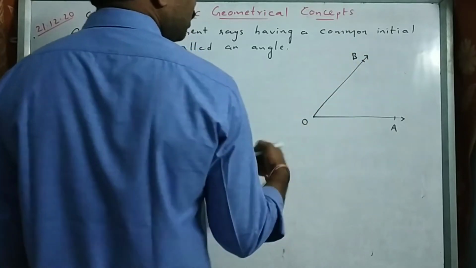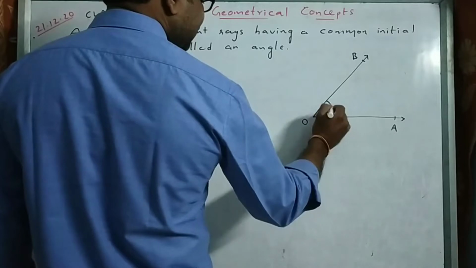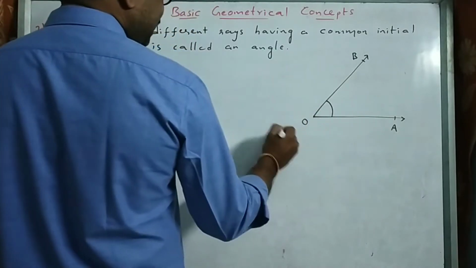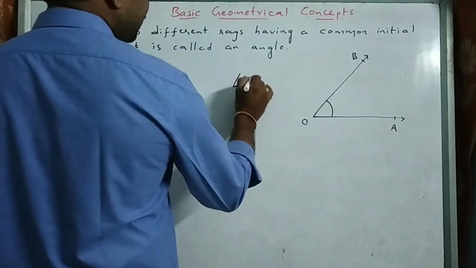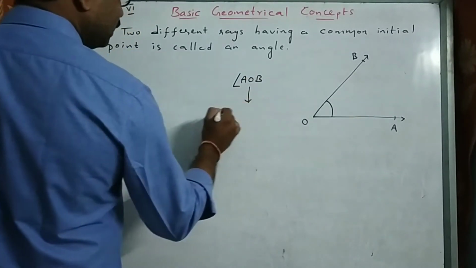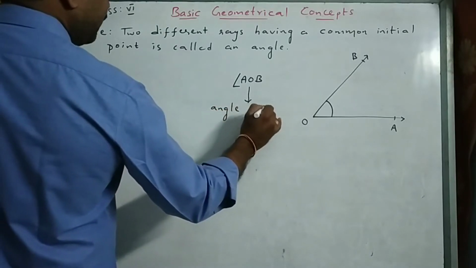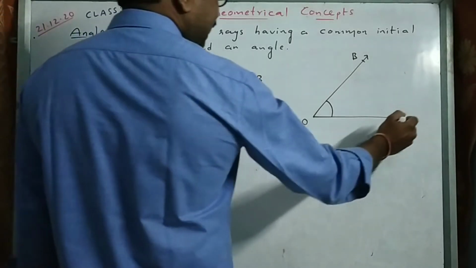This is B. OB is another ray. So this is called angle AOB. How do we read this? Angle AOB.